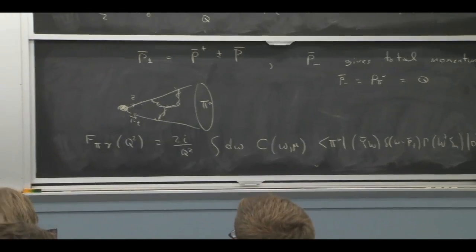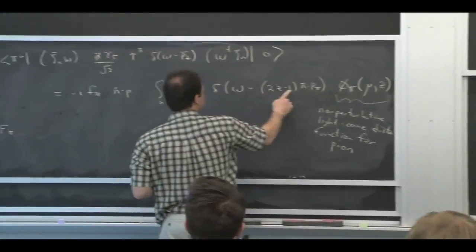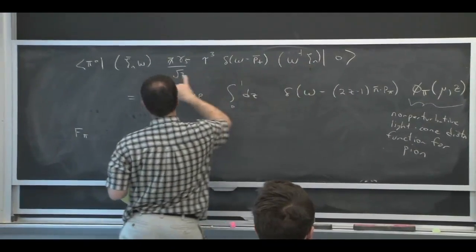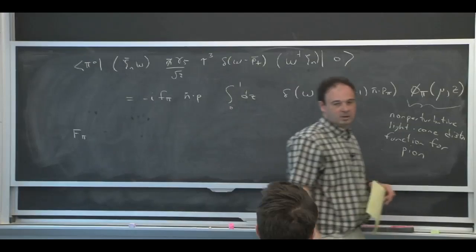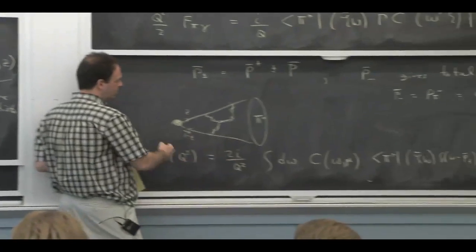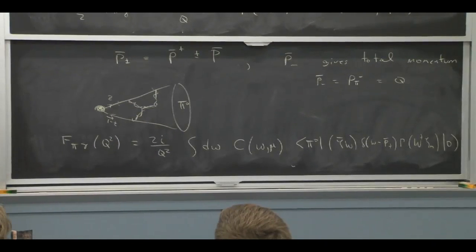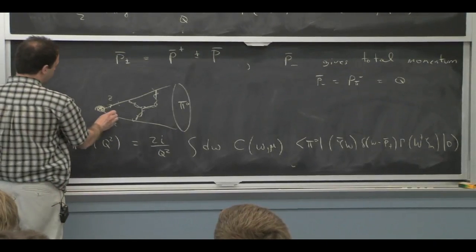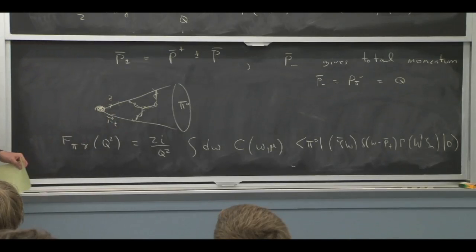So one of these guys carries z, and one of them carries 1 minus z. The sum of these is 1, and that's the analog of the statement that the total momentum should be the pi0 momentum. But you don't know how to split how much goes into each one of those.